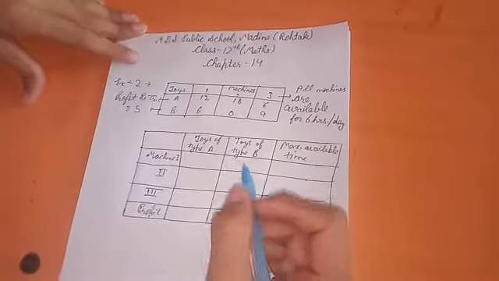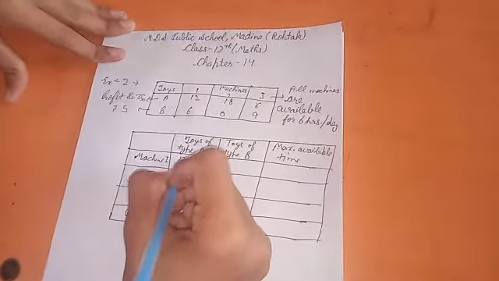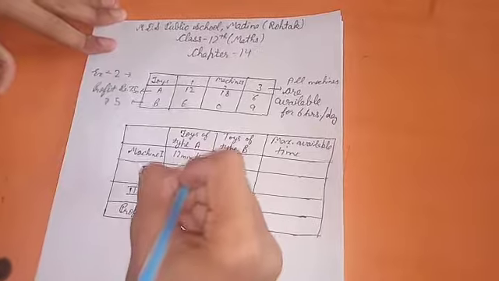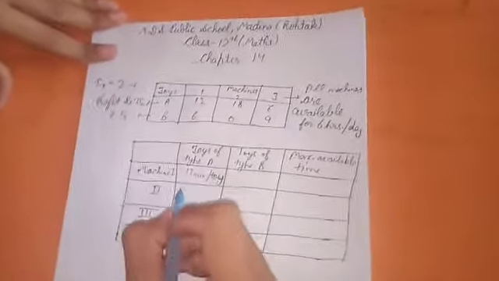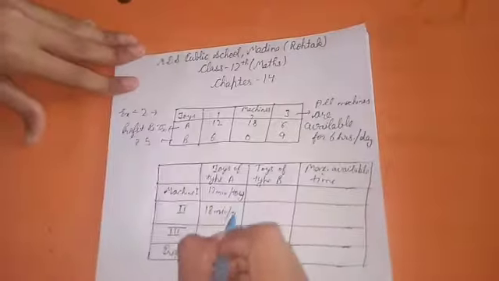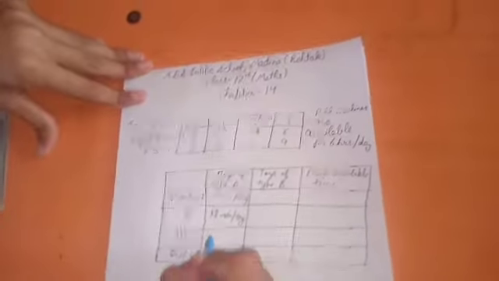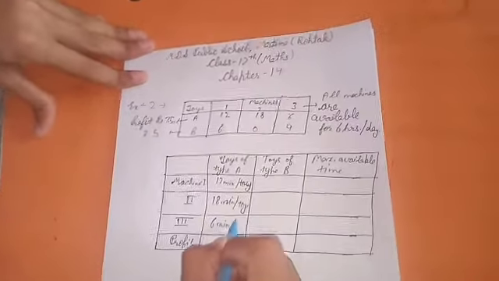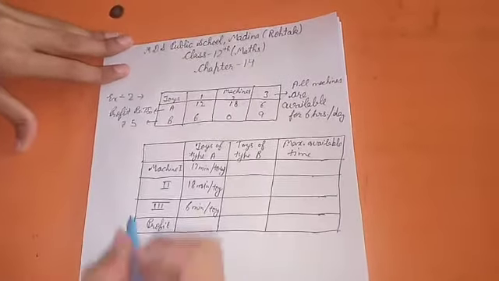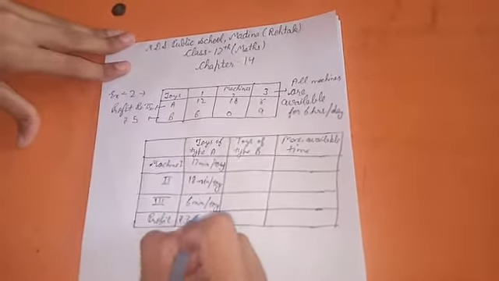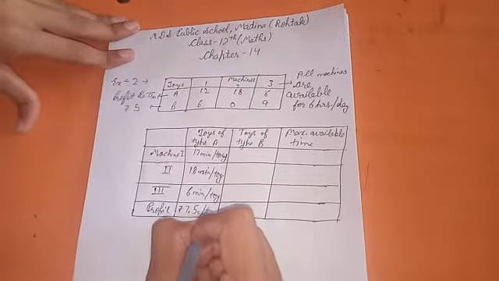Okay, that is 12 minutes per toy type A takes in machine 1, 18 minutes in machine 2 and 6 minutes in machine 3. Also profit given to us is rupees 7.50 per toy.